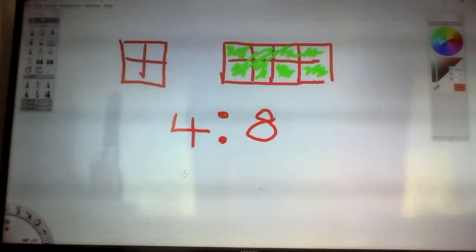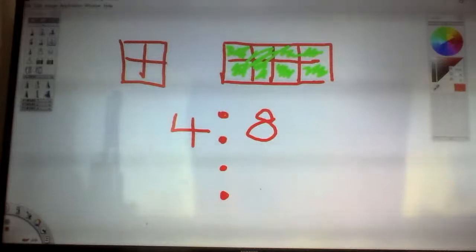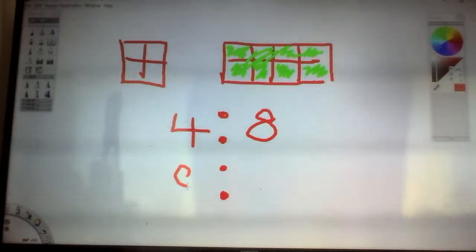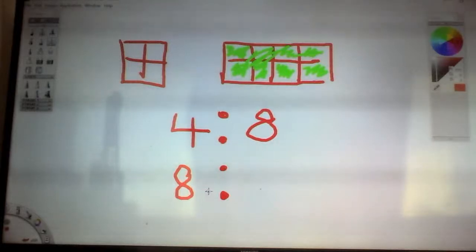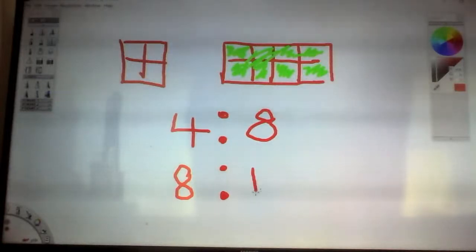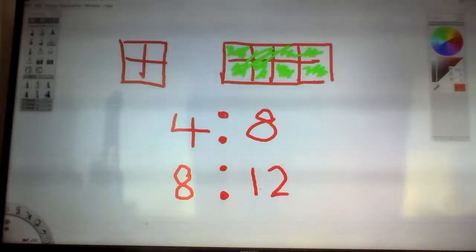So get our 2 dots in there. Shaded is 1, 2, 3, 4, 5, 6, 7, 8. When we talk about proportions, remember we add these 2 numbers together. 4 plus 8 is 12. So question E, number 2, is 8 to 12.